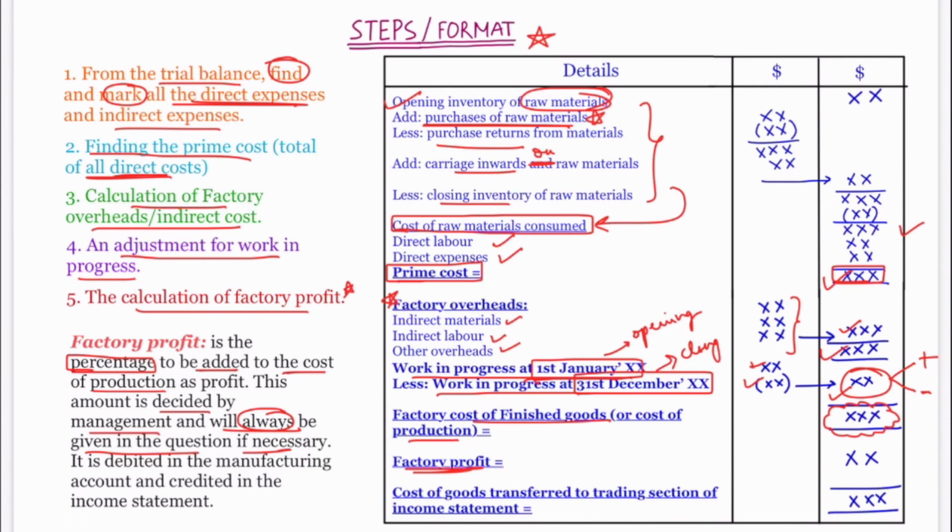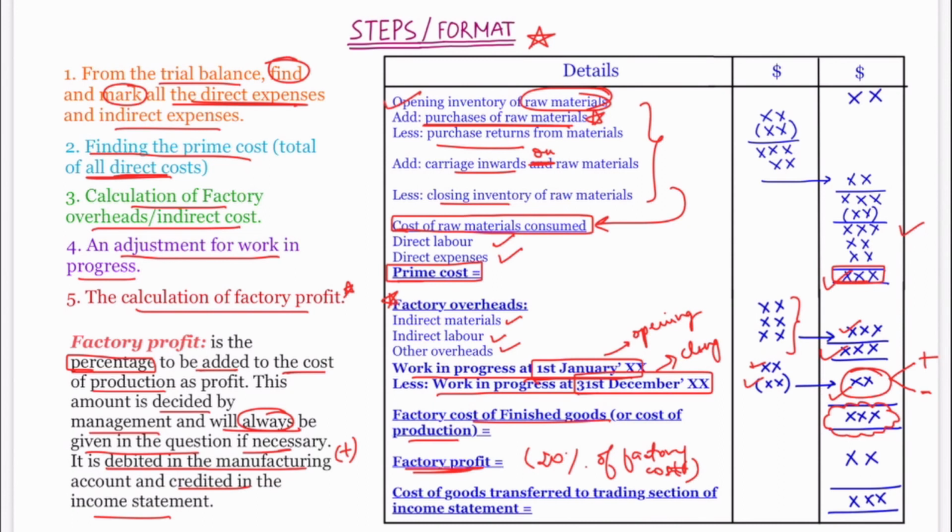It is supposed to be debited in the manufacturing account, that is added in the manufacturing account, and credited in the income statement. In the question they'll give you a percentage, for instance, that the factory profit is 20%. So after calculating the factory cost of finished goods, that is the cost of production, you calculate 20% of this cost of production.